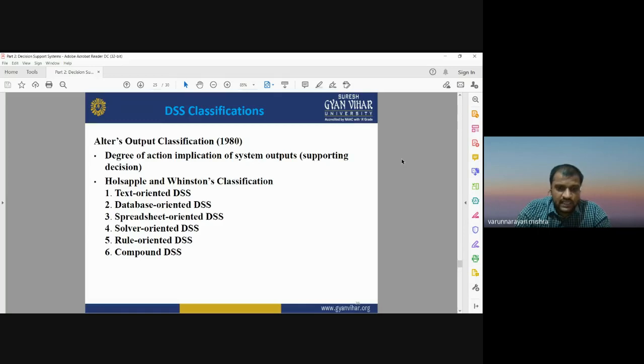It is not in your syllabus to go into detail for these kinds of DSS, but you should know how many types of decision support systems are available and how we can categorize them, the classification provided by Alter in 1980. The classification of the decision support system is based on the degree of action implemented of the output.